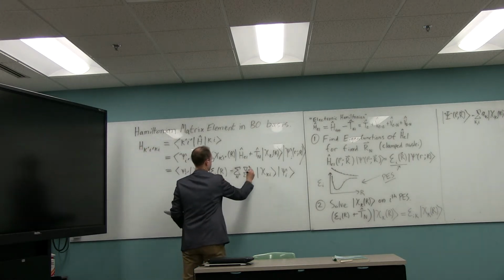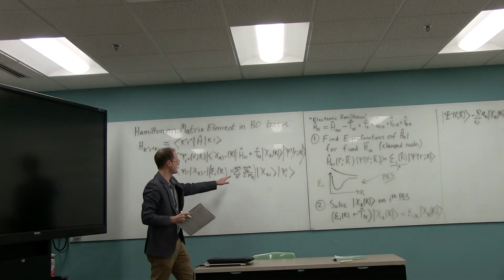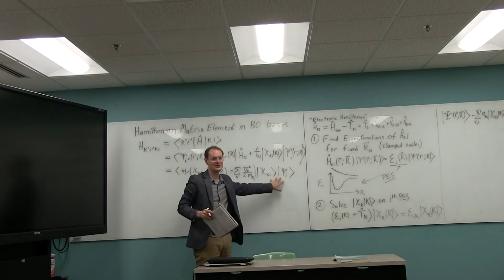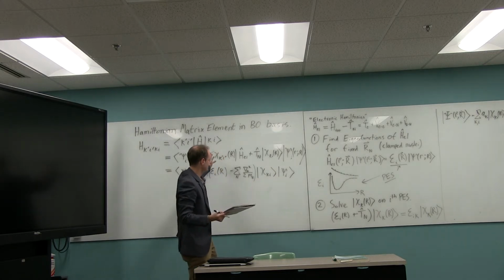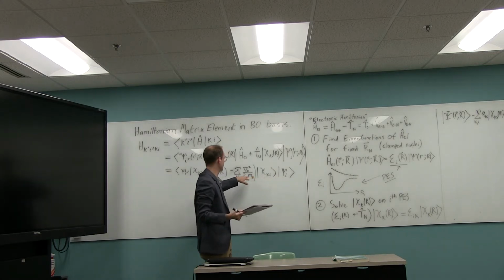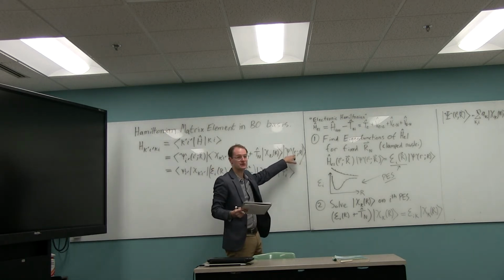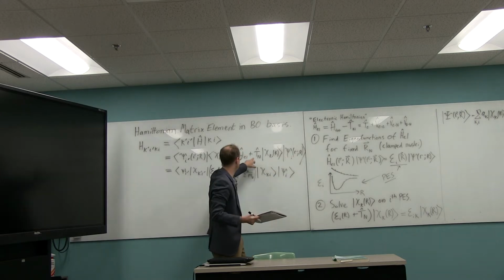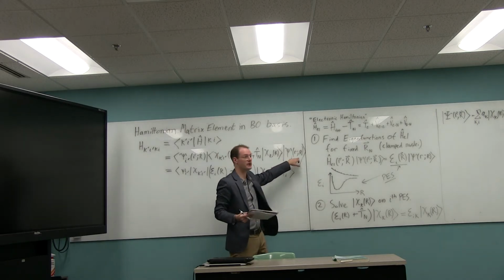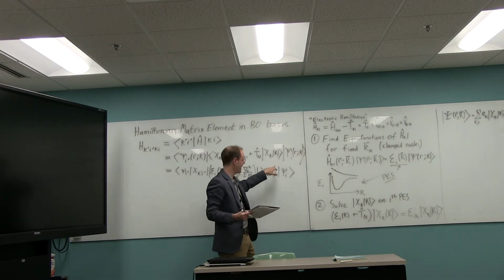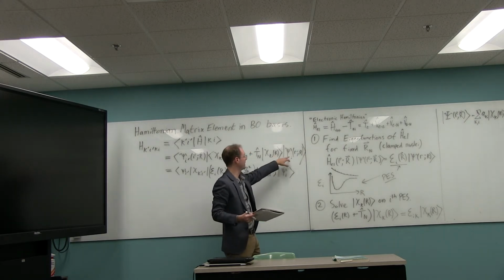So now, this thing is operating on this product wave function. And now we have a situation where only this guy depended on the electronic coordinates, so we were able to operate this electronic Hamiltonian only on this part; it doesn't operate on this part. But now we have two things that both depend on big R, right?